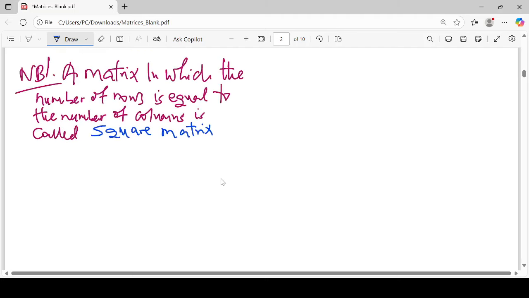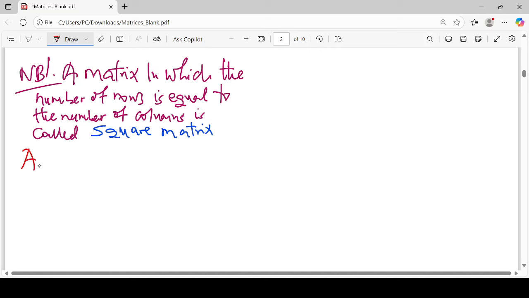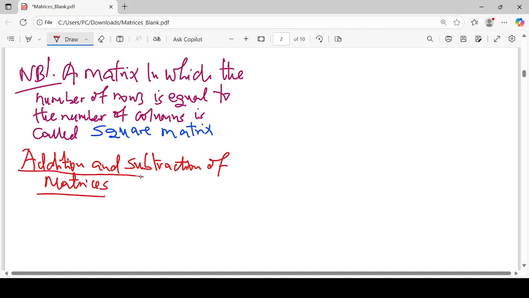Let's look at addition and subtraction of matrices. This is very simple now, learners.